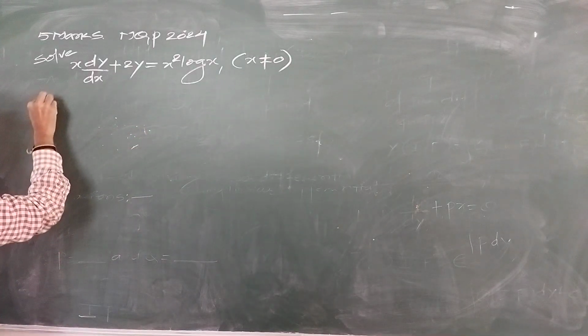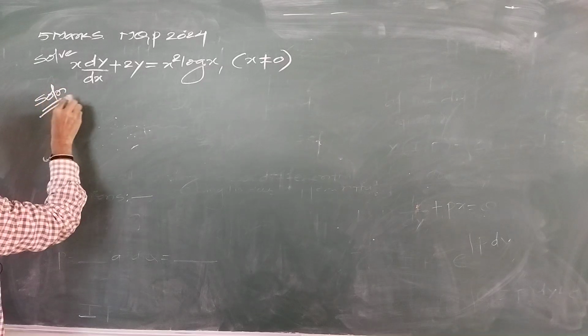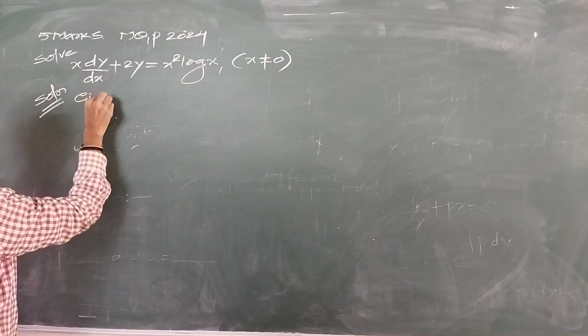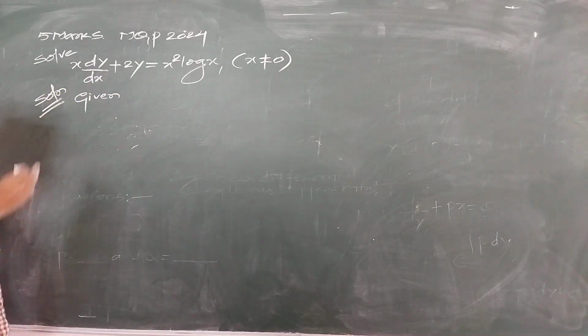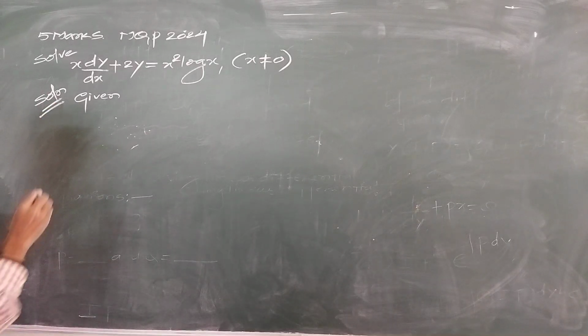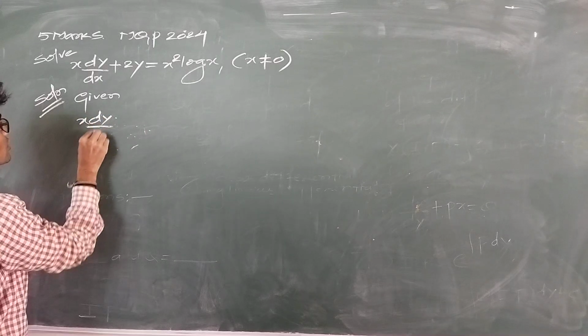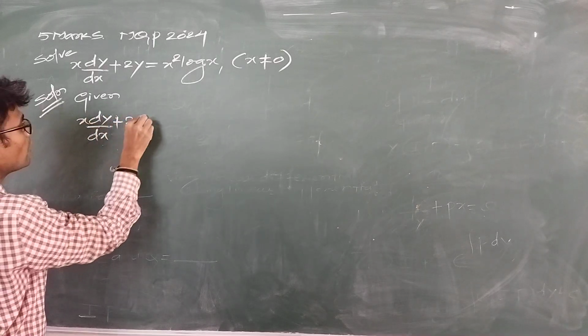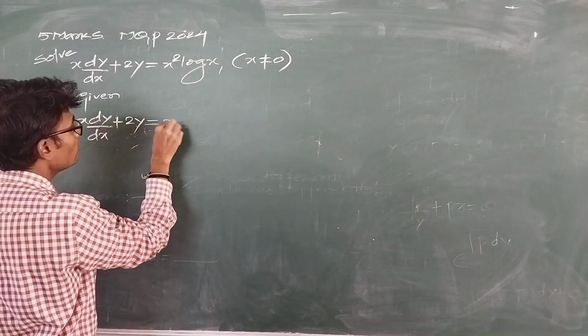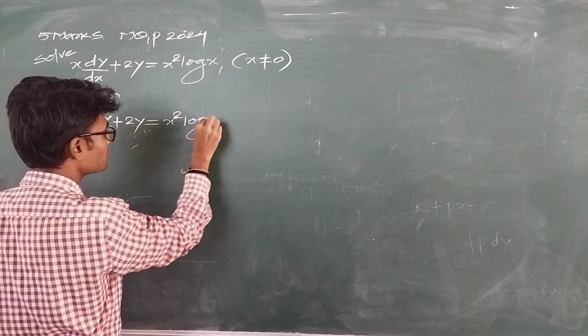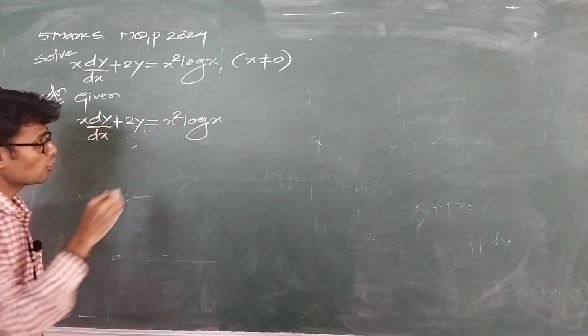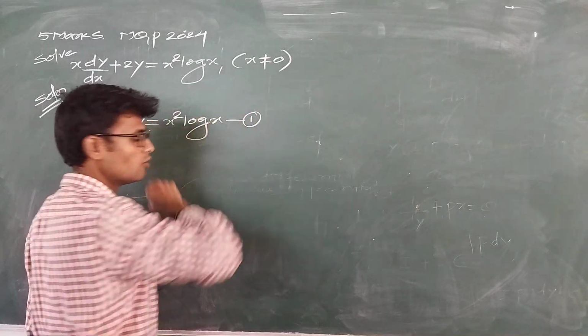I will write the given example once again, the given differential equation as it is: x into dy by dx plus 2y is equal to x square log x. Call this equation number 1.